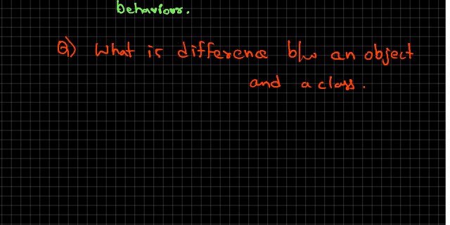An object is an identifiable entity with some characteristics and behavior. This is the first thing which you'll write in case of object.